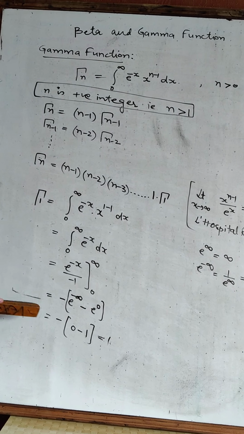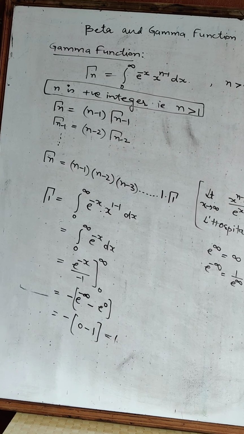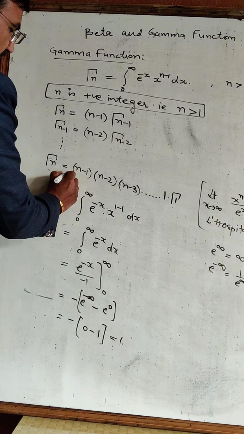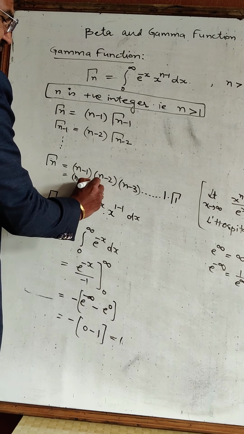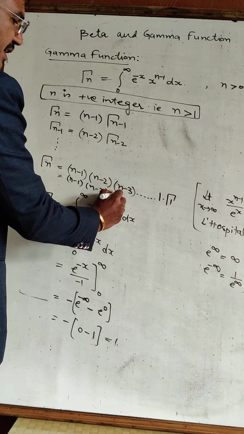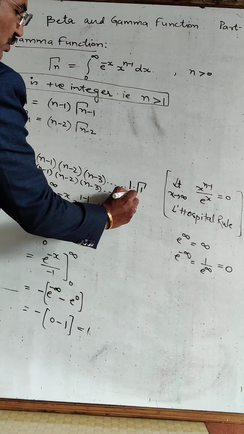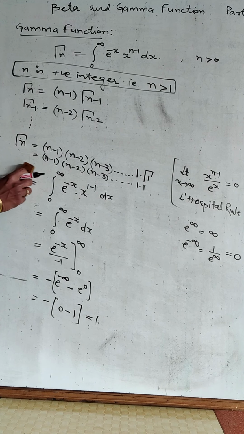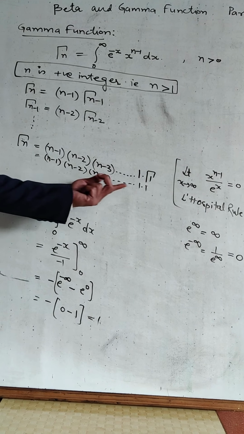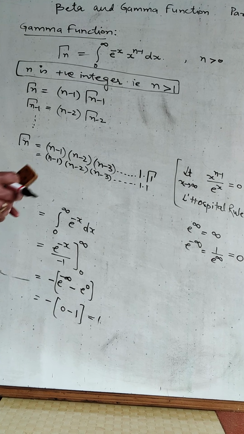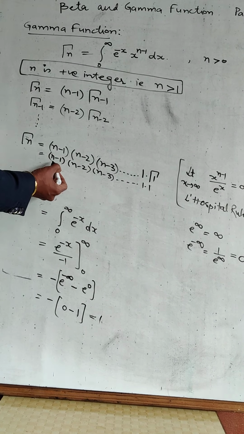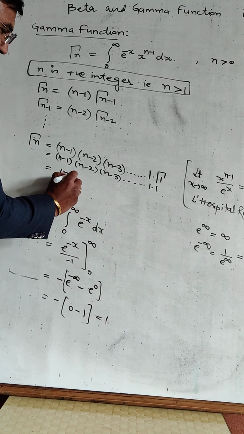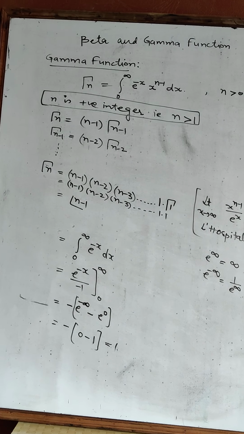So in this way we can find the value of gamma n. What would be gamma of n? It would be n minus 1, n minus 2, n minus 3, and so on up to 1 into 1, and it is the product of n minus 1 integers starting from 1 to n minus 1, so it can be written as factorial of n minus 1.